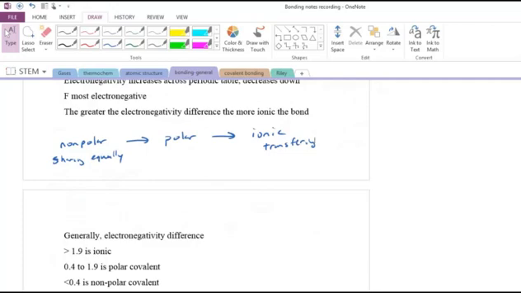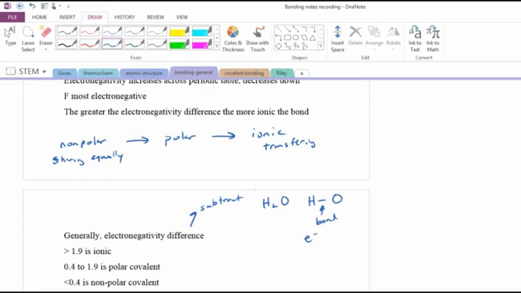In general, we look at an electronegativity difference. So difference, remember, means subtract. Now if we have the molecule H2O, we just need to look at the electronegativity difference just of the bond. It doesn't matter that there's two hydrogens in it.